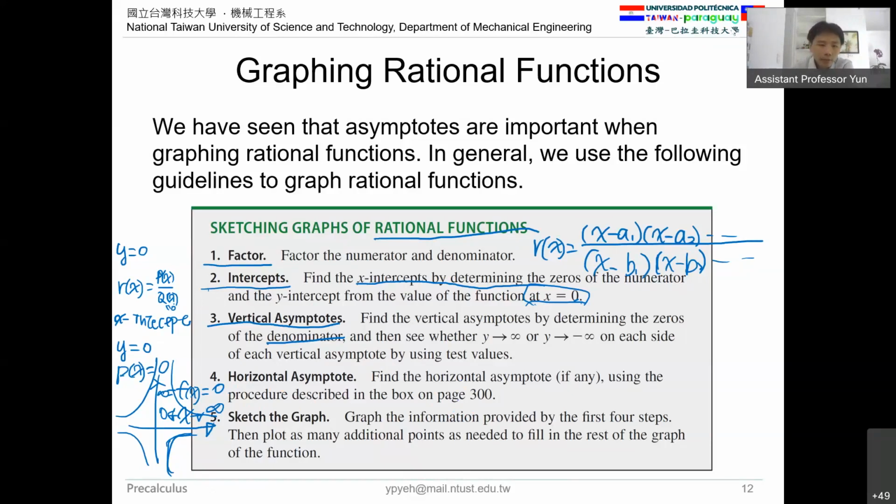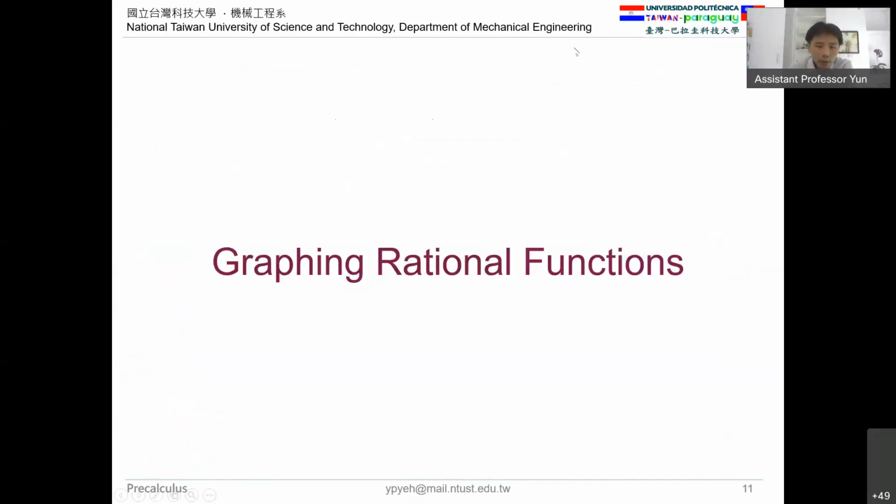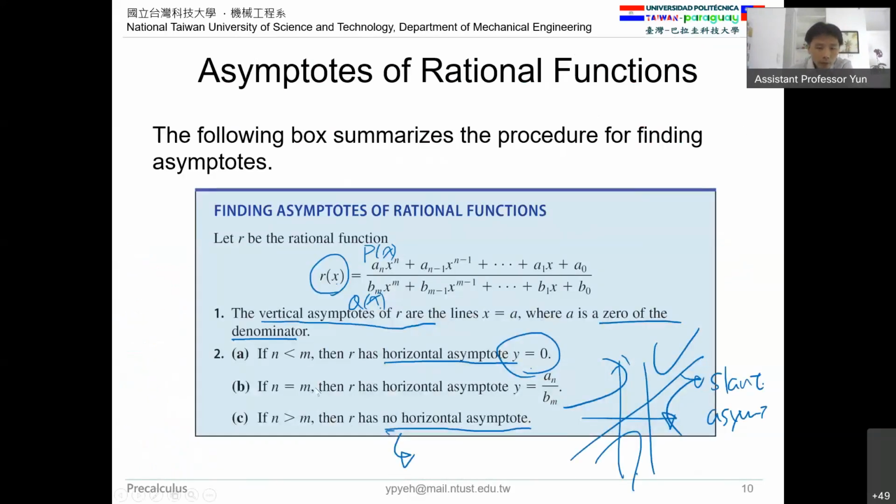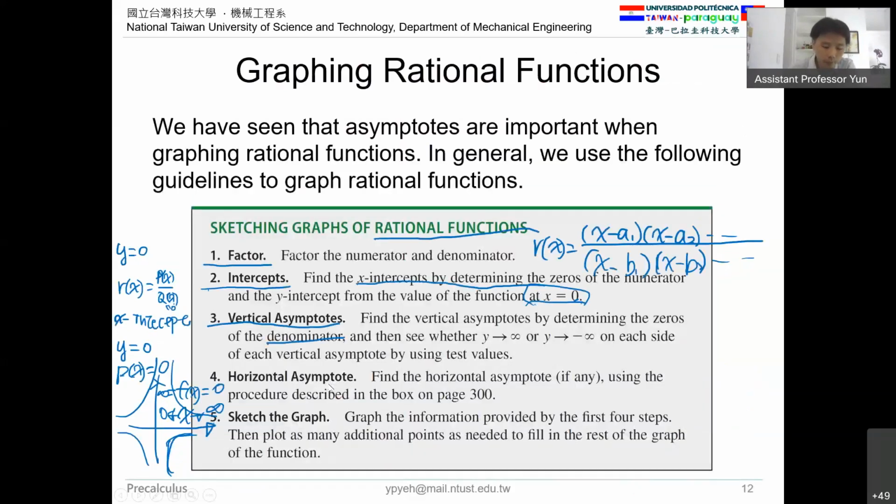Okay, just like as we showed in these tables, for the horizontal asymptote we just compare the degree of the rational function's numerator and denominator.